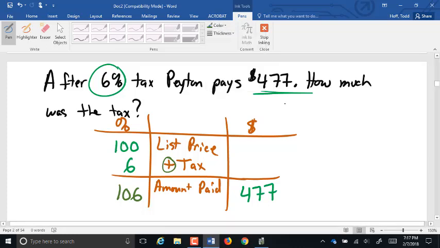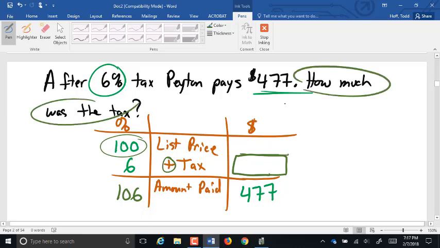What are we looking to find here? This number here? This one? Here? Yep, well, we got to look at what are we looking for? How much was the tax? We're looking for this number here. So that means we don't need the top row.